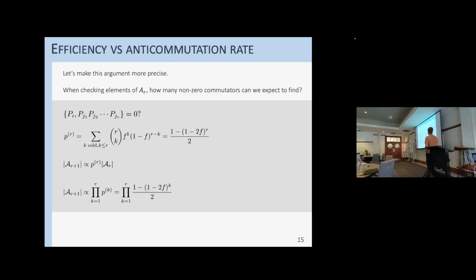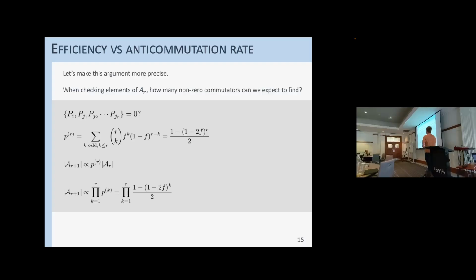And you can say, okay, well, I have to count all the ways of this anti-commuting with an odd number of the elements of this, because that's what I need for it to anti-commute with the whole string, and that has this form, again as a function of f, which is what I care about. And so then we can guess how quickly this algebra is growing.